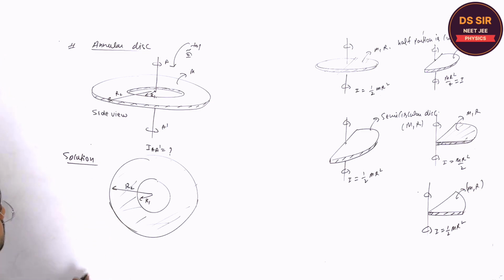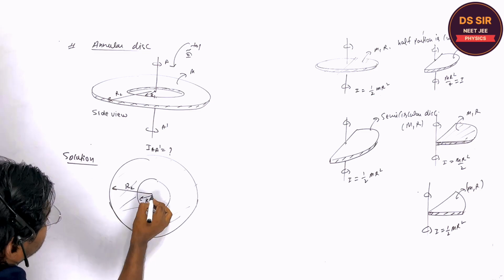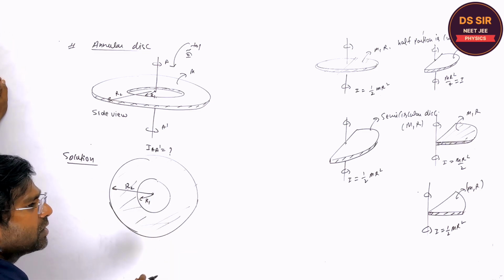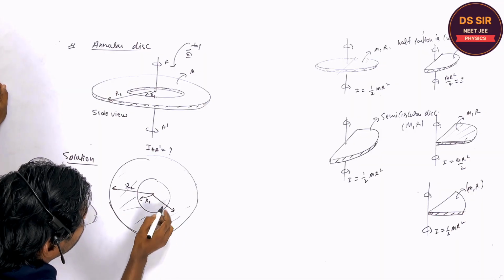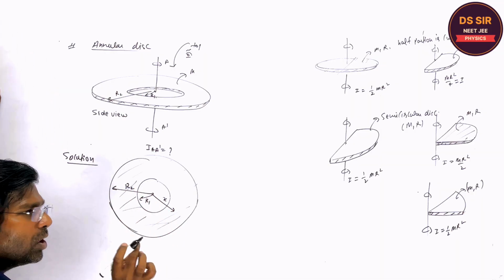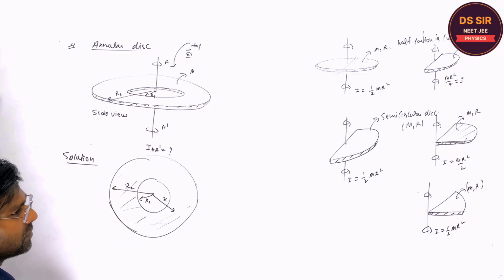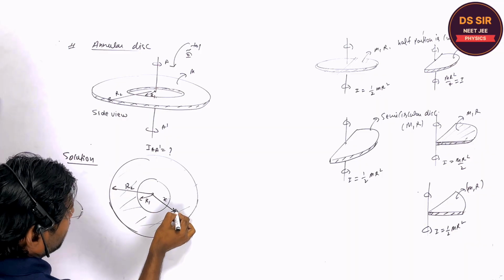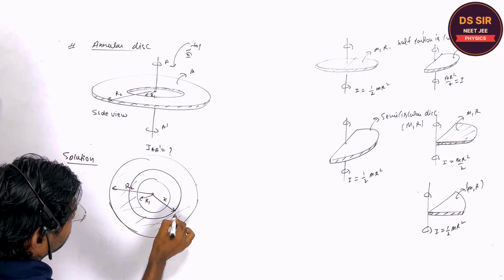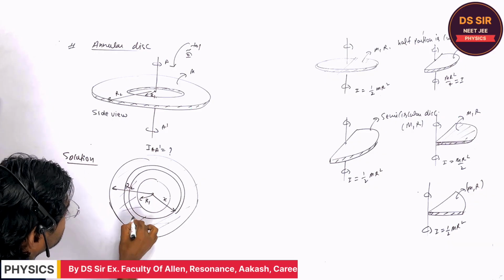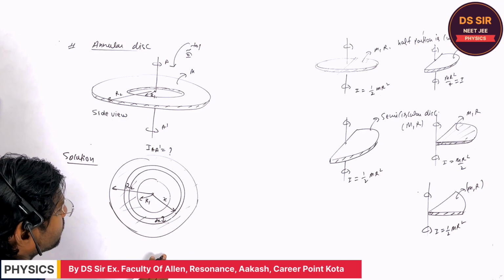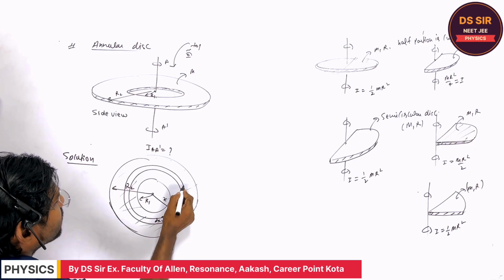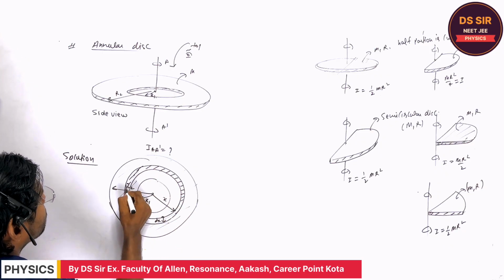How to find it? Definitely we have to integrate. What do we have to choose? We have to choose small rings and integrate them. If this is the ring I have chosen, of width dx and mass dm, can I write the moment of inertia of this small portion?